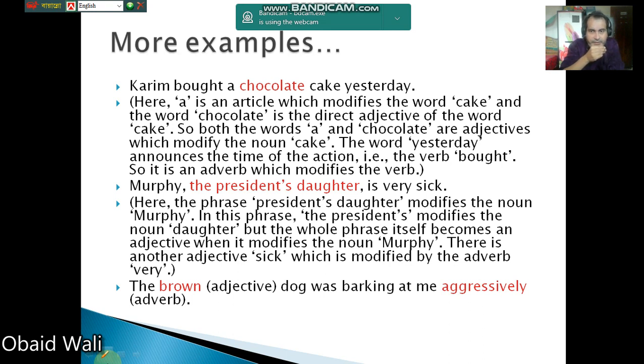So here you see 2 modifiers. Brown is a modifier and aggressively is also a modifier. Brown is modifying the word dog and aggressively is modifying the word barking, how the dog was barking. So I think you have got a very good idea about modifiers and how modifiers are being used in sentences to expand their meaning.